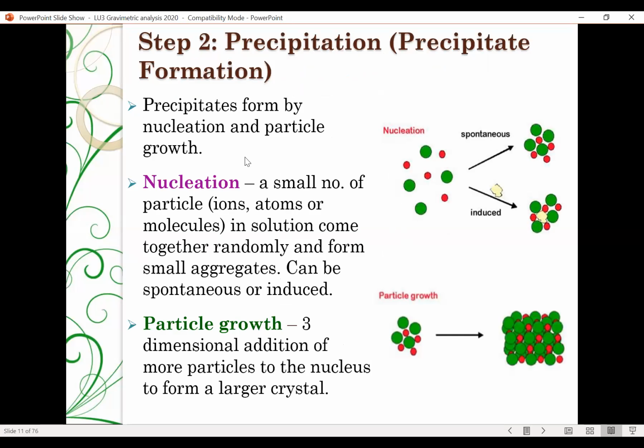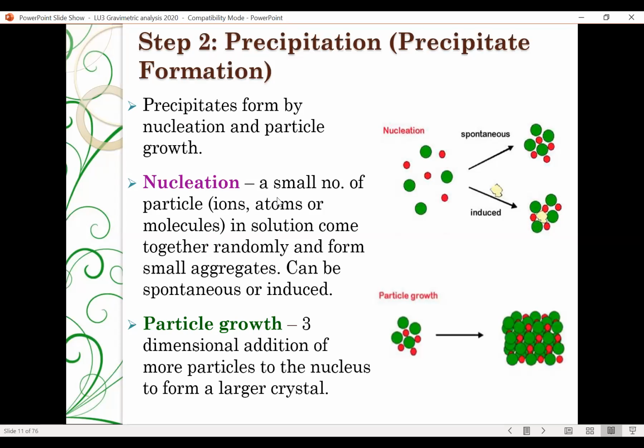Precipitates formed by nucleation and particle growth. When we do precipitation process, there are two things that will happen to the solution. First thing that could happen is nucleation. The second thing that could happen is particle growth. Okay, and sometimes they happen at the same time. Okay, what is nucleation?